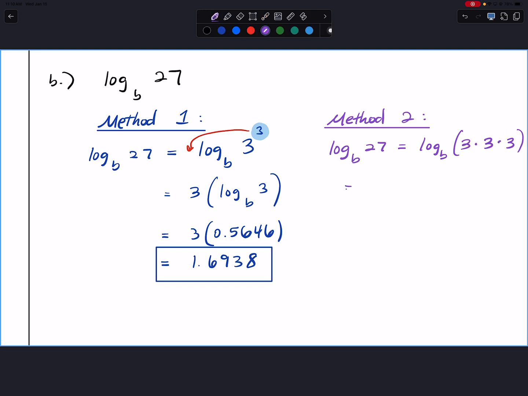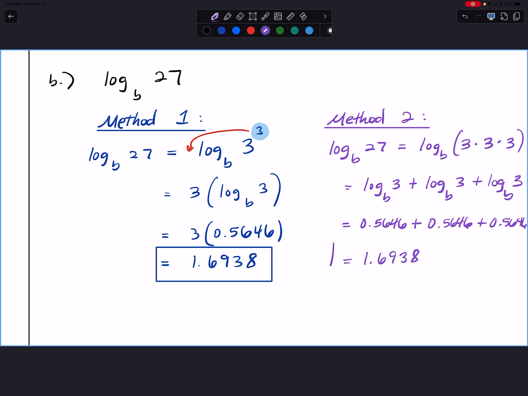So this would be the same thing as log base B of 3 plus log base B of 3 plus log base B of 3. If you notice, how many log base B of 3s do I have? 3. So if I add them all together, it'd be the same thing as multiplying by 3. So 0.5646 plus 0.5646 plus 0.5646, and that is still 1.6938. So it doesn't matter which one you use, whatever one you like better.